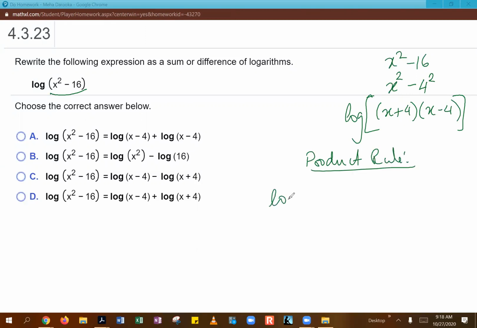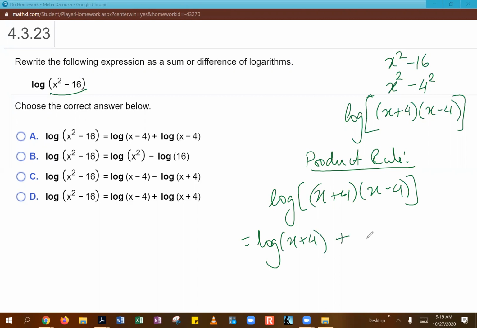And that would then come out to be a plus. Remember, because addition goes with multiplication in these rules. So this would split up into log of x plus 4, and then you would add log of x minus 4. Now remember, since this is the product rule, you can always have x minus 4 here and x plus 4 over here if I had switched the order of these two factors.